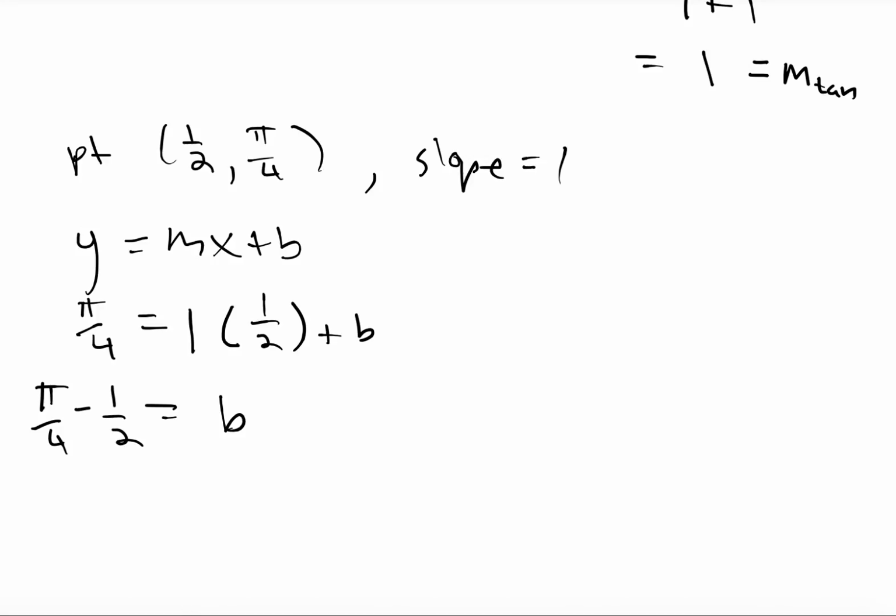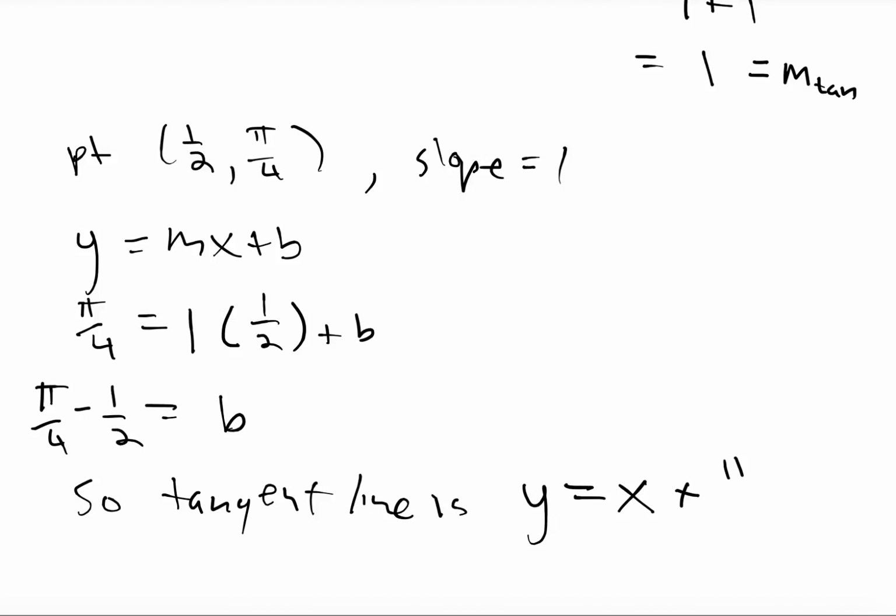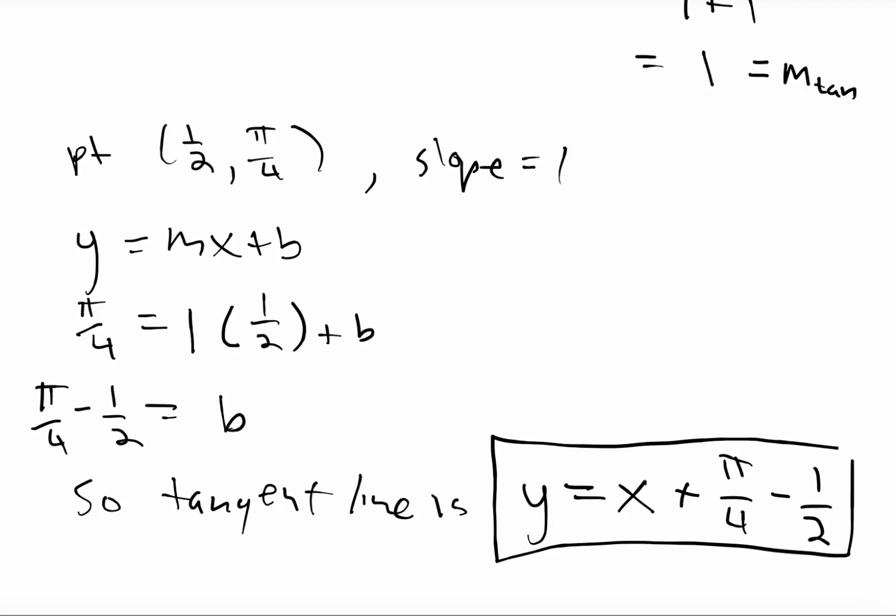Looks messy, but it's still a constant, it works. So my tangent line that I was looking for in the first place is going to be y equals m, which is 1, times x. I won't write the 1 in front of the x, you don't need to. y equals mx plus b, so plus this guy. Yeah, this awkward y-intercept on the end, but it still works for a tangent line.